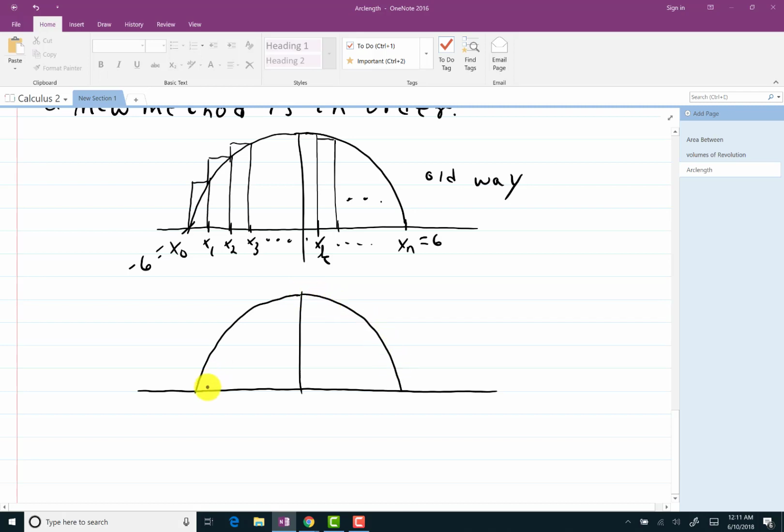The new way is to do it like this. You lay down your points, or your numbers: x1, x2, x3, xk, xk plus 1, that'll be the one that I really want to deal with, xn. What we do now is put points on the curve like we did before.